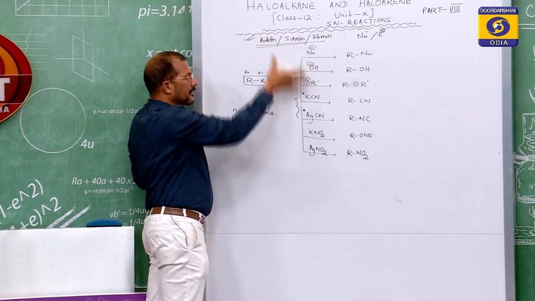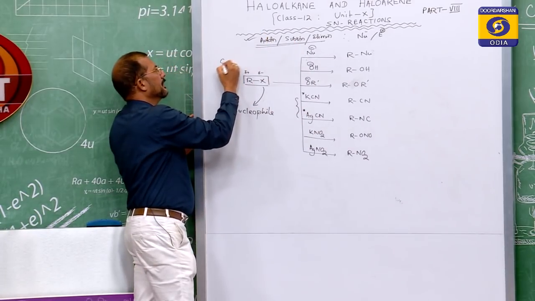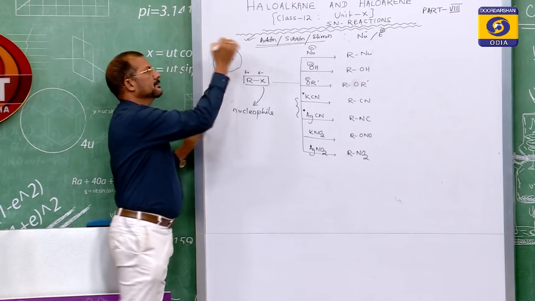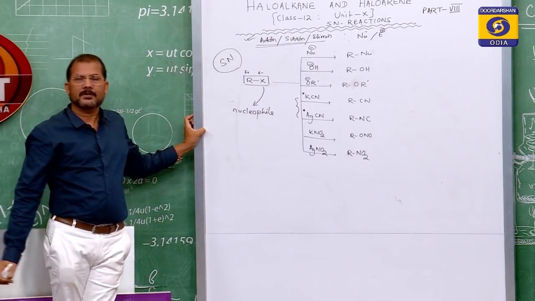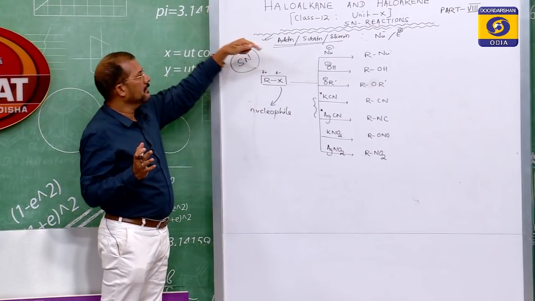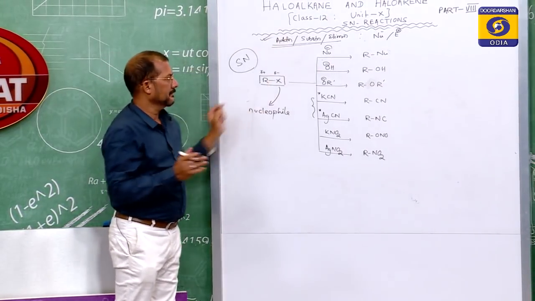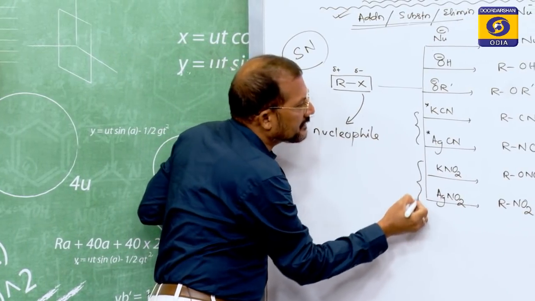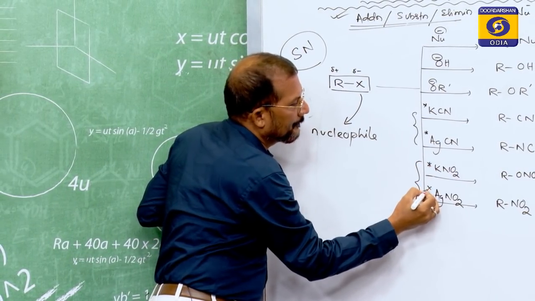So, only this much of nucleophilic substitution reactions we are discussing now. There are so many nucleophilic substitution reactions, but in this part we are discussing only this, and here is also something to discuss why this is happening.